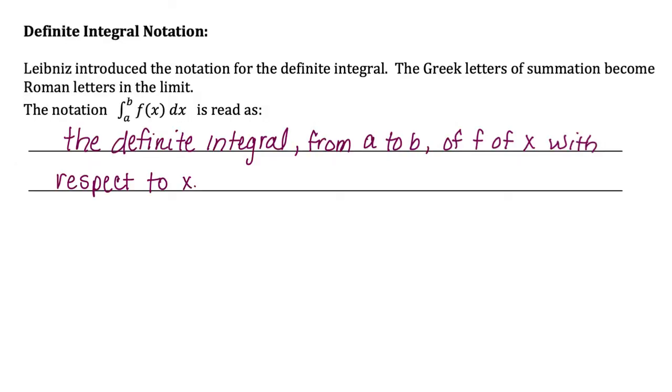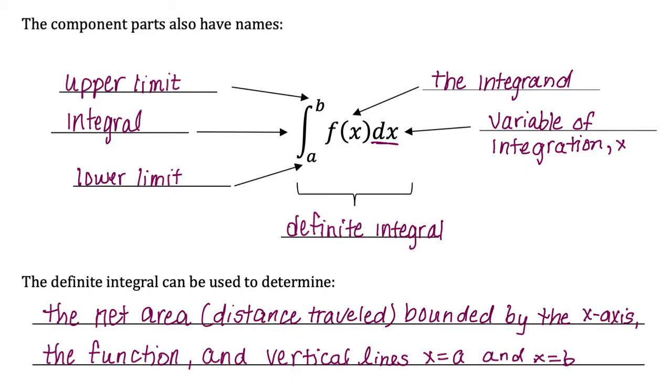And then we can read our notation here. It's going to be read as the definite integral from a to b of f of x with respect to x. And then here's all the different parts of our integral that you need to know: our upper limit, the integral itself, and the lower limit.